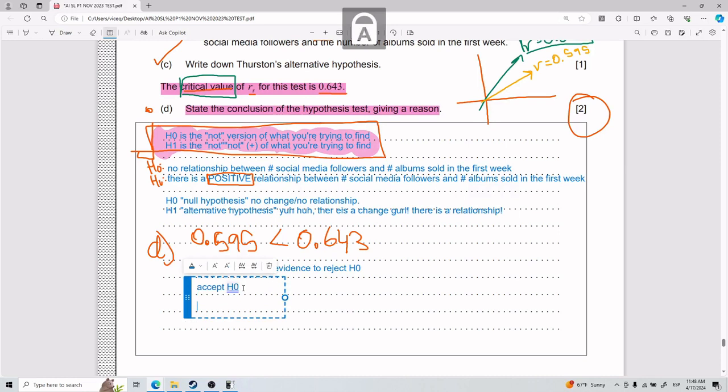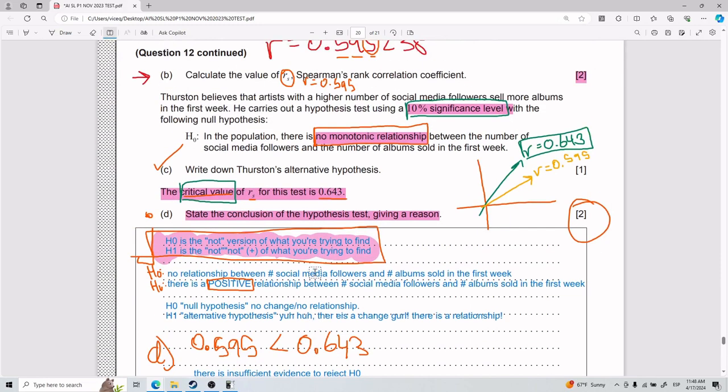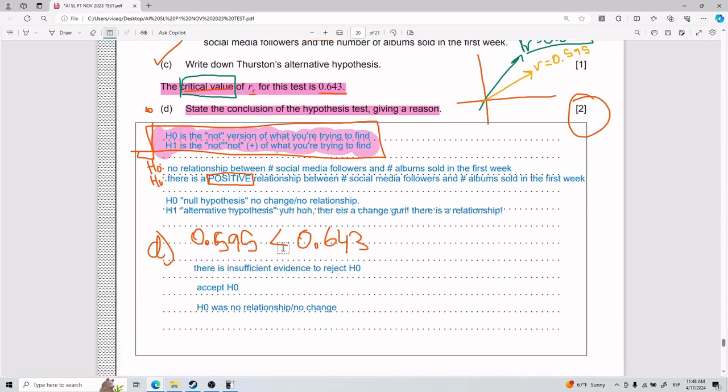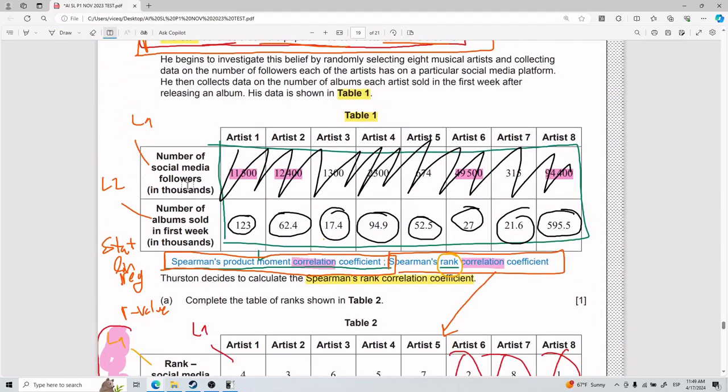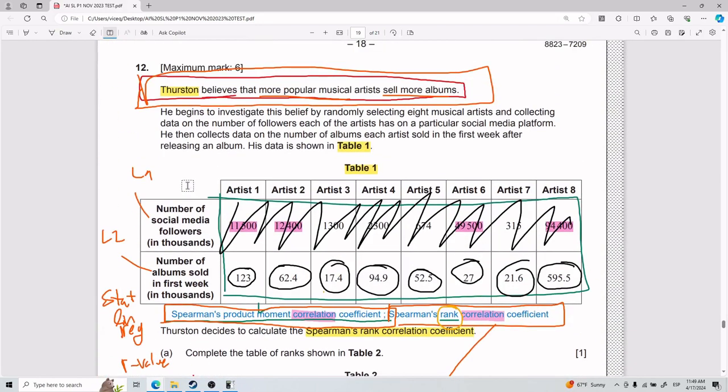And let's remember that H0 was no relationship, no change. And so that means that you accept that there is no relationship between the amount of media followers and albums that are sold. So Thirsty Thurston, unfortunately, better dedicate himself to drinking water because this guy got it wrong over here.